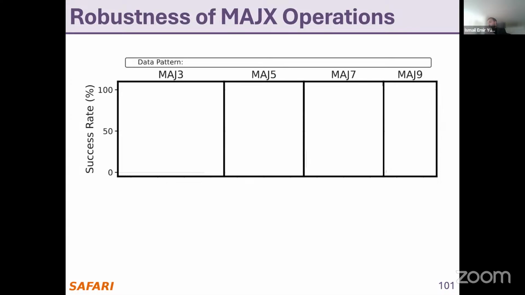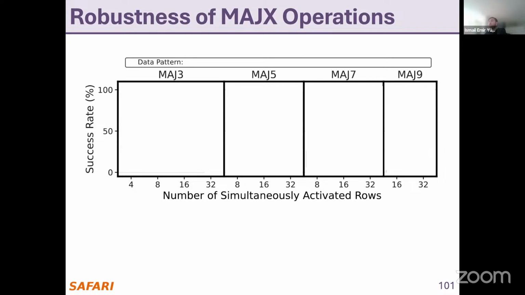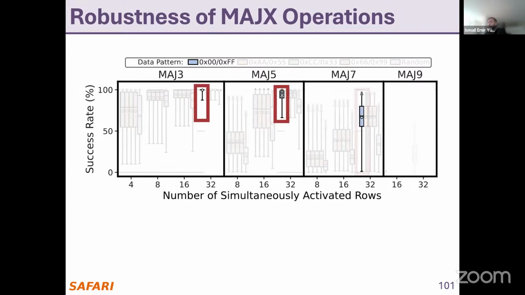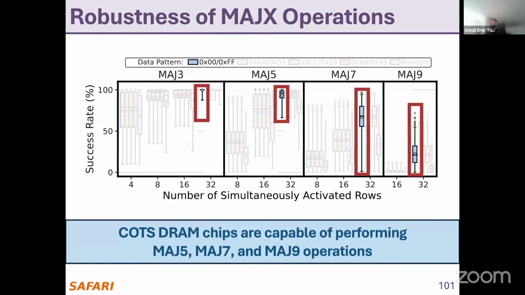Here we have a plot which consists of multiple operations, MAJX3, MAJX5, and MAJX7. On the y-axis we have success rate, and the x-axis shows the number of simultaneously activated rows. And the hue shows the data pattern, but for now we focus on the single one. So here we observe that off-the-shelf DRAM chips are capable of performing MAJX5, MAJX7, and MAJX9 on top of MAJX3.